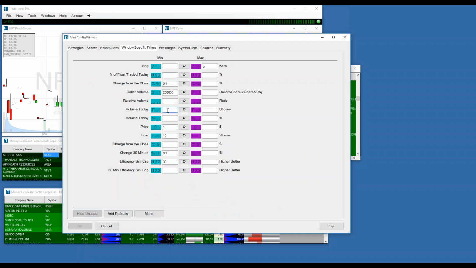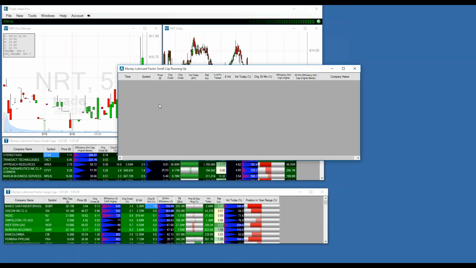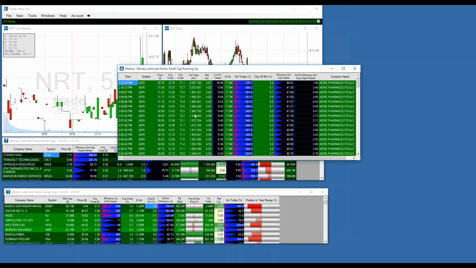So you can say, okay, I need the volume today to be 250,000. So that now the flow is going to be completely different. It might literally just be limited to 1. And notice I think we had, see, it appeared right here. Now there you see the moves for tact.